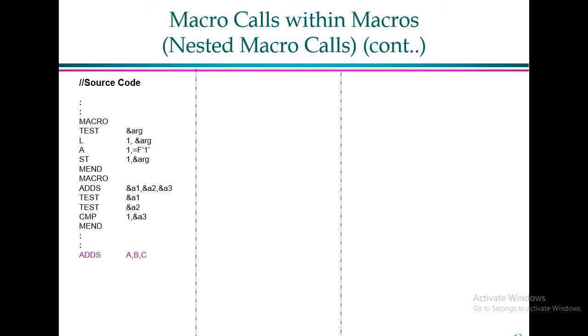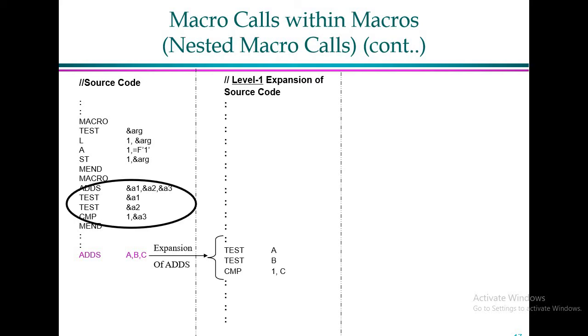Now see how to expand these nested macro calls. Now see, here adds is there. Here A, B, C are the actual arguments of this macro. So the expansion of this adds is what? Adds contains the test, right? So here is what? Test.